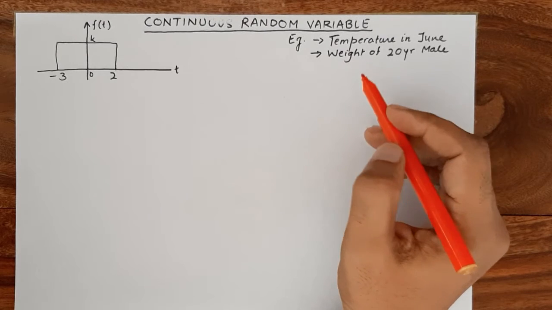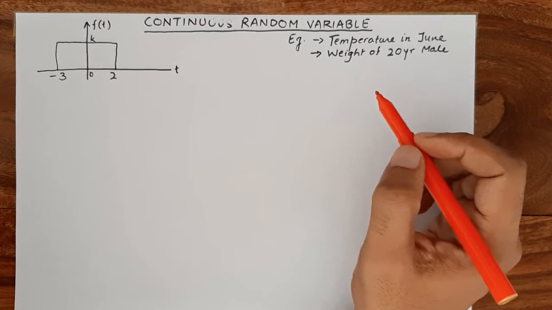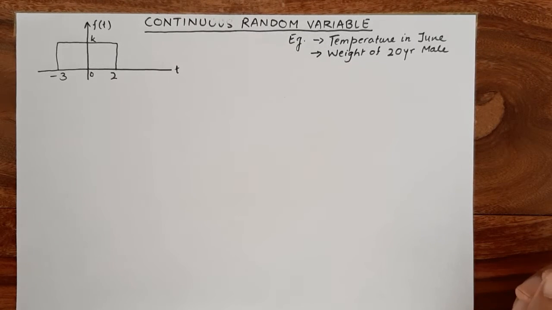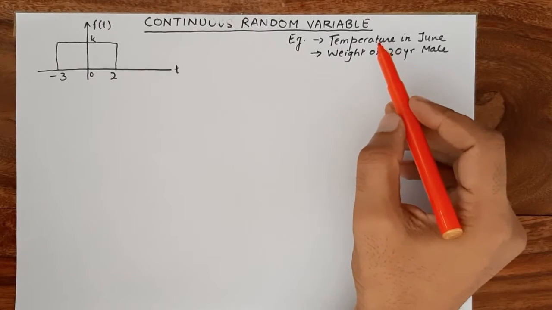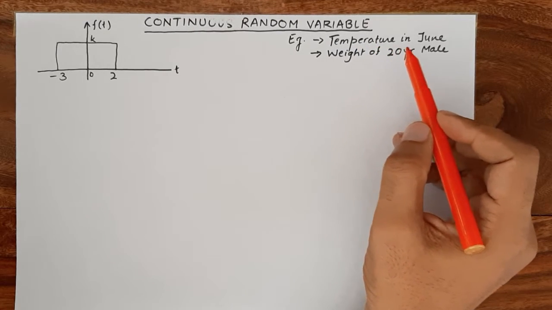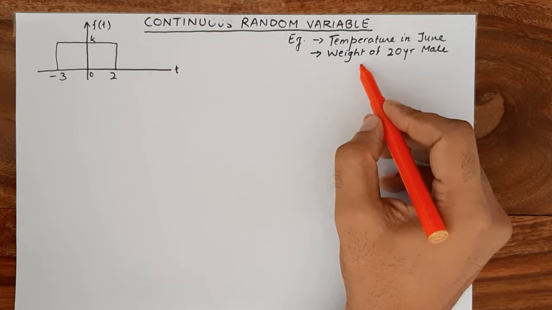Now, a continuous random variable would be a random variable that will have a value of probability at each point ranging from -infinity to infinity. Although most of the points in that range will have a probability of 0. Let us say you want to plot the probabilities of temperatures in June.